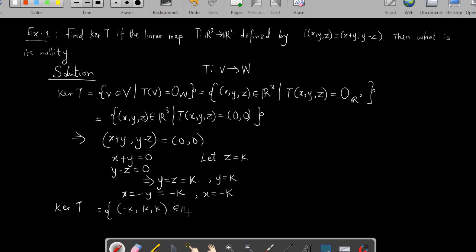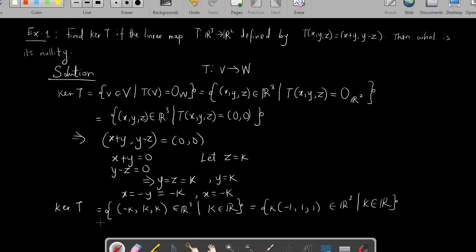And this is an element of R cube, such that, what will you now write? You won't write this since we have solved already. Such that the k that we choose must be what? A constant. Okay, so once you have done this, the next thing is you can factorize the k out. So if you factorize the k out, you just have minus 1, 1, and 1. Okay, just follow it step by step. This is what to do step by step to find your kernel.